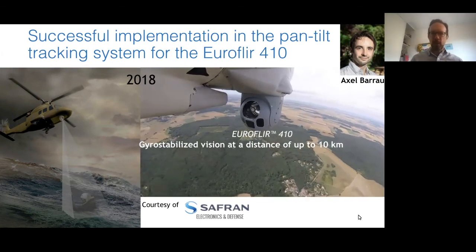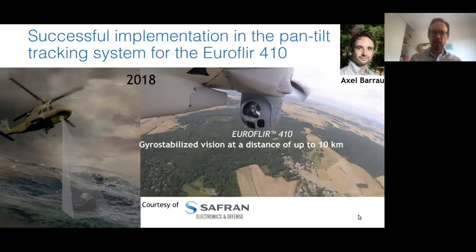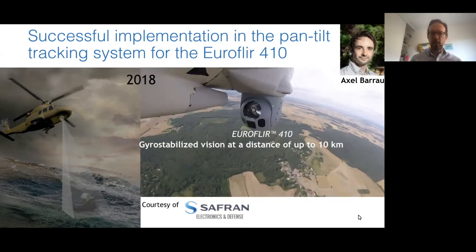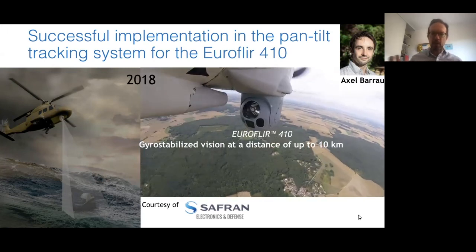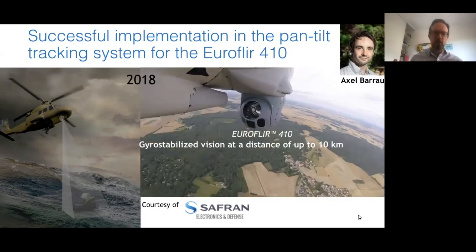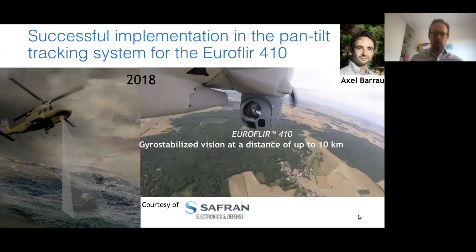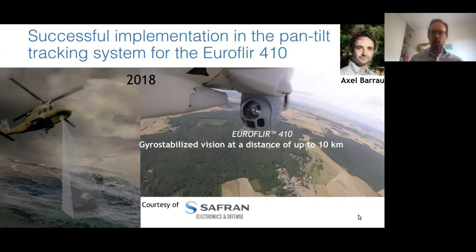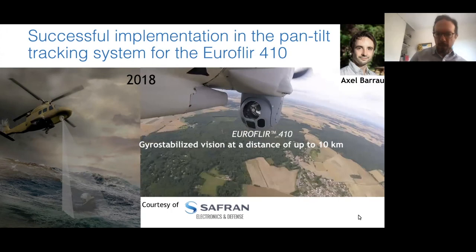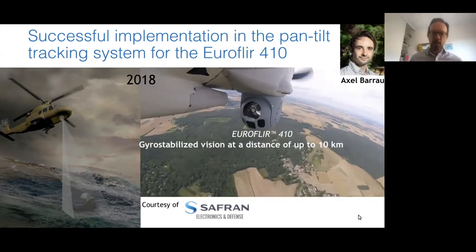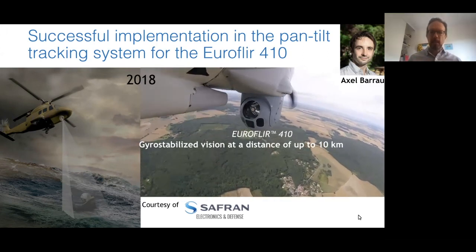And so we use this. It's an invariant EKF that's embedded in this product. And the idea is that you may have very large initial errors, because for instance you transport the drone in a truck, and when you switch on the system, or when it needs to be restarted in flight, you have no idea of what your heading is.